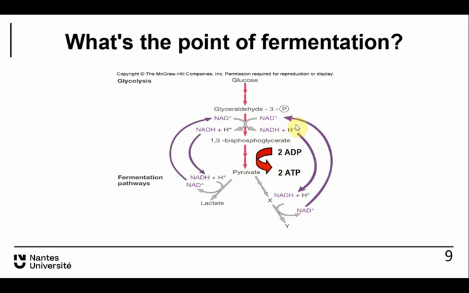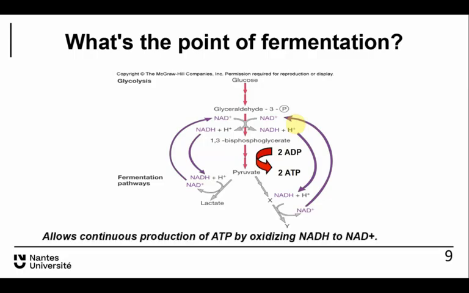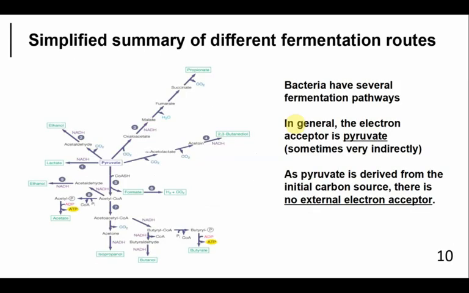It's getting recycled. You crank it up, you can run it as fast as you like, and you'll get a load of ATP. Bingo! The problem is solved. So that's the point of fermentation pathways. Okay, get rid of the NADH so we can carry on generating ATP. So it allows continuous production of ATP by oxidizing NADH to NAD+.